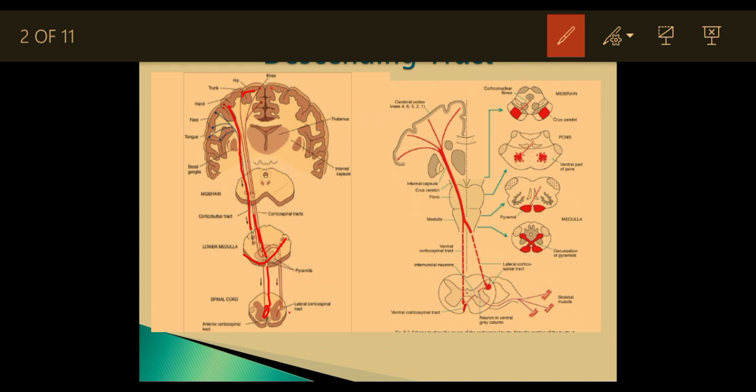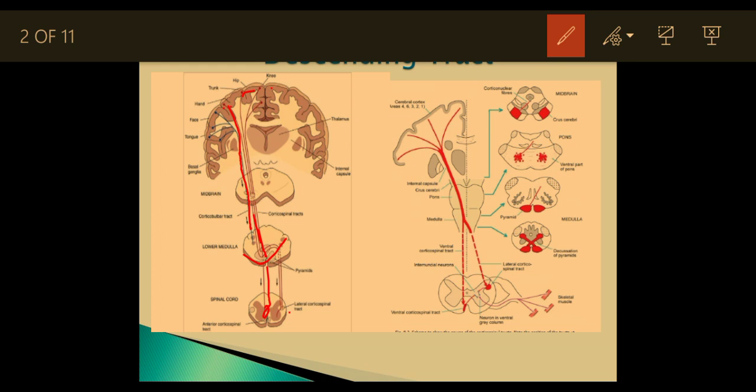That is either the alpha motor neuron or the gamma motor neuron, which are considered lower motor neurons. So after connecting the two masses of gray matter, the upper motor neuron nuclei and the lower motor neuron, they have been named the corticospinal tract. Cortico, because it originates from the cortex level, and spinal, where it terminates.